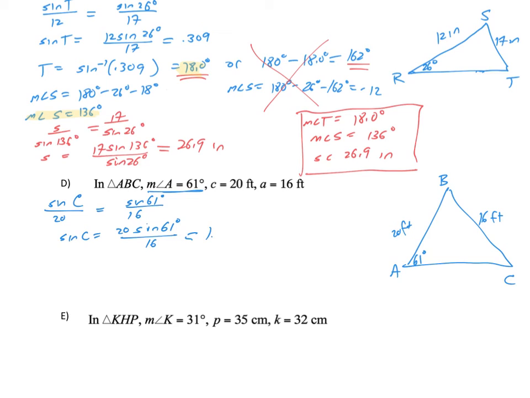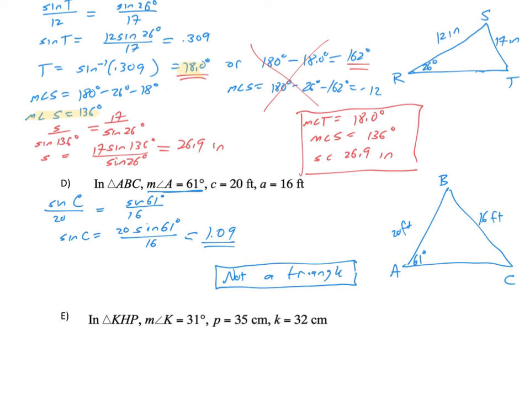If we enter that in our calculator, we get 1.09. So we know that this is not a triangle, because sine should be between 0 and 1, or negative 1 and 1 is technically what we need. But for these triangle problems, we're not going to get negative values.